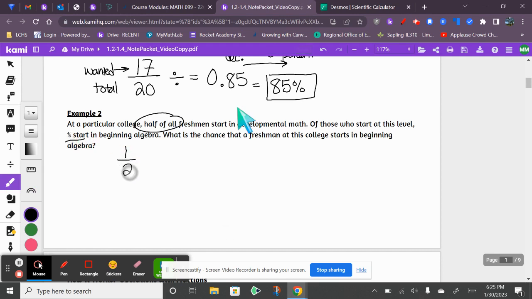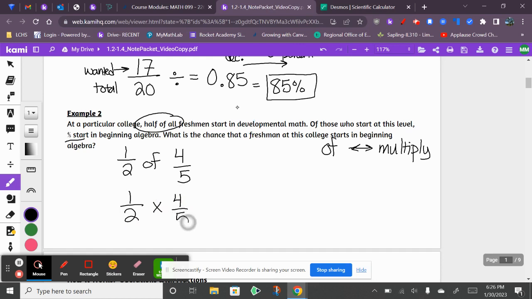So we want half of 4/5. And of means to multiply. So we are just going to multiply the two fractions. So we're going to take 1/2 and multiply it with 4/5. When we multiply those together, we end up with 2/5.